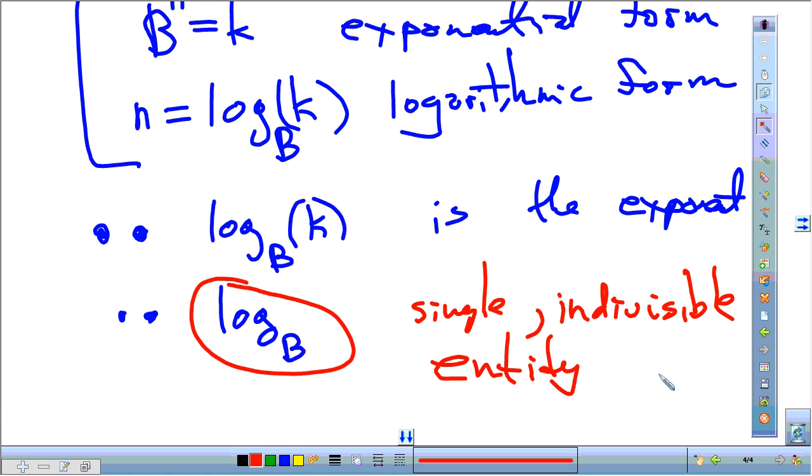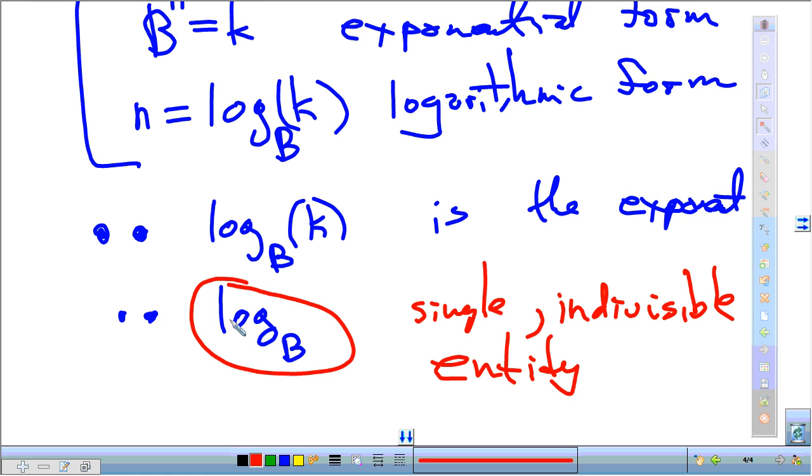It represents one item. It can't be taken apart symbolically. So you can't have L separate and then something OGB or LO and then GB. This has to be always kept completely together.